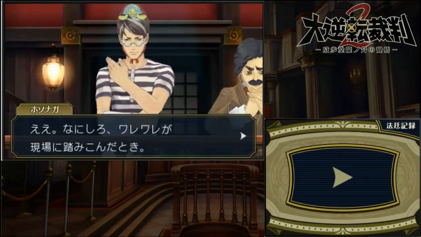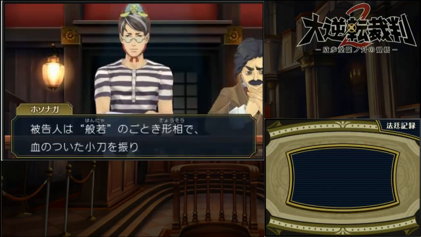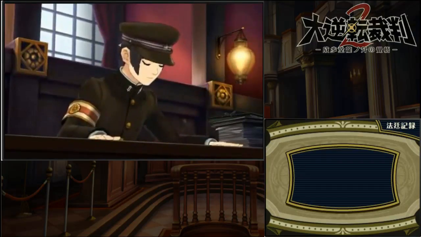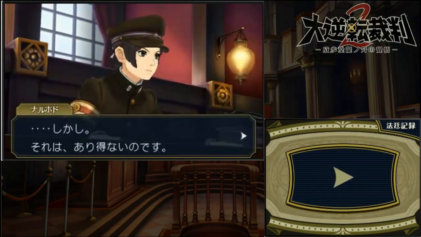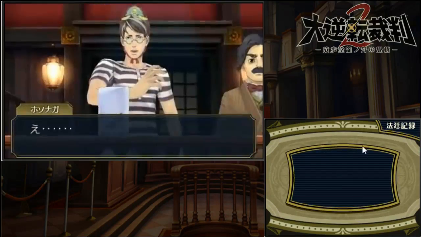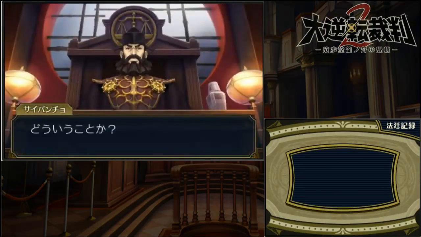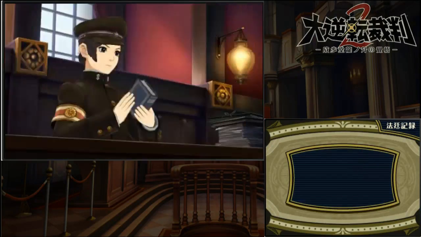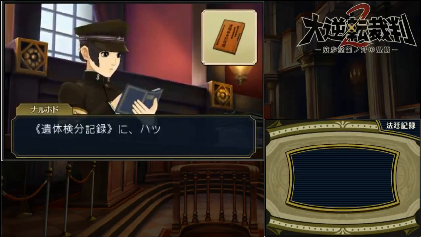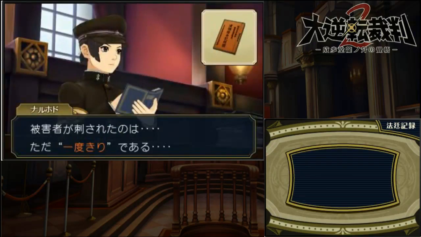Indeed. After all, the moment I stepped foot into the crime scene, the defendant had the appearance of being possessed and was raising her small bloodied blade upwards. However, that cannot be true. Huh? What do you mean, attorney? Oh my god! It is written clearly on the coroner's report that the victim had only been stabbed once.